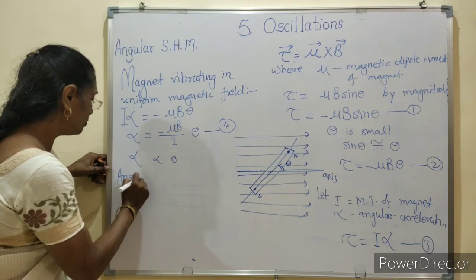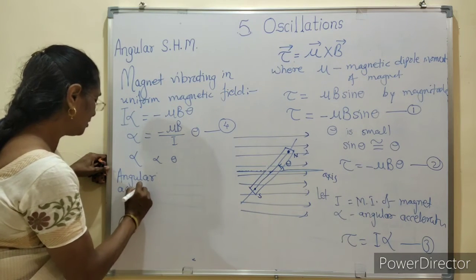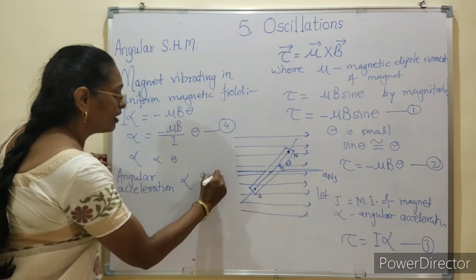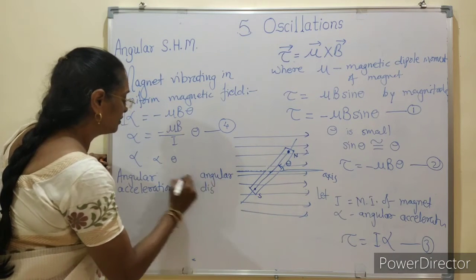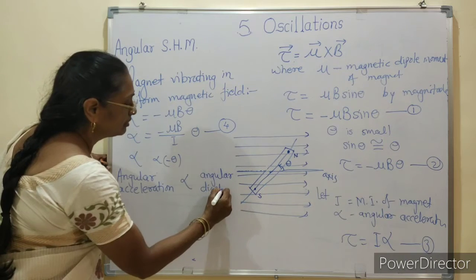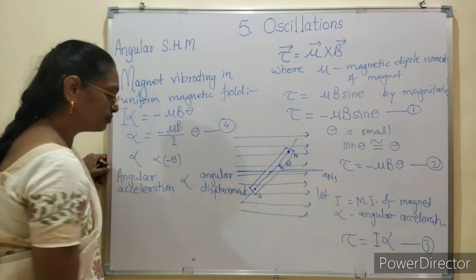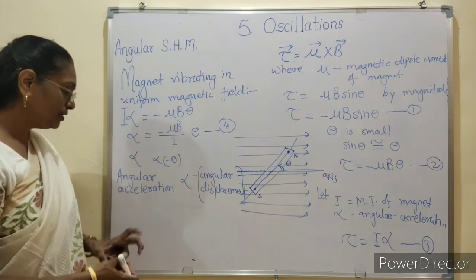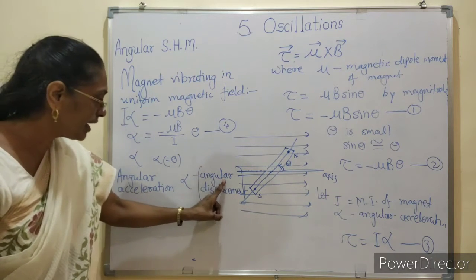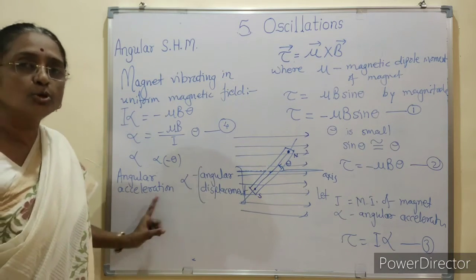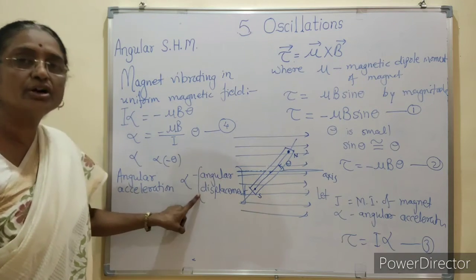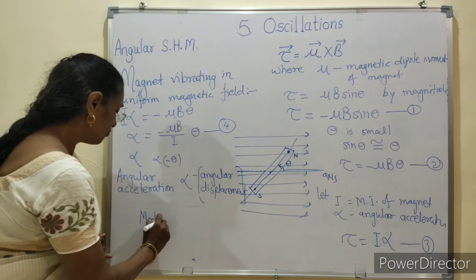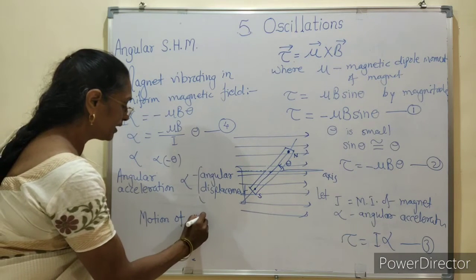We write angular acceleration is directly proportional to angular displacement, with a negative sign, so that angular acceleration and angular displacement have opposite directions, and this is the condition for angular S.H.M.